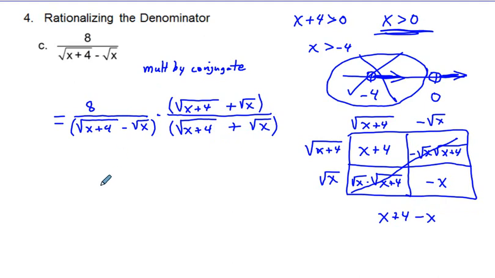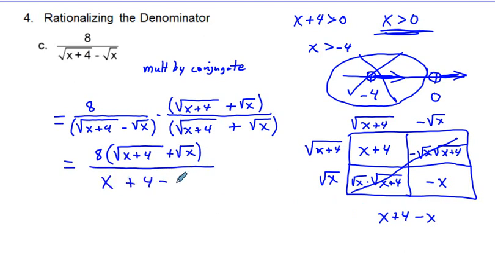And so let's go ahead and rewrite our problem here. We have 8 times square root of x plus 4 plus square root of x. And in the denominator what we have is x plus 4 minus x.